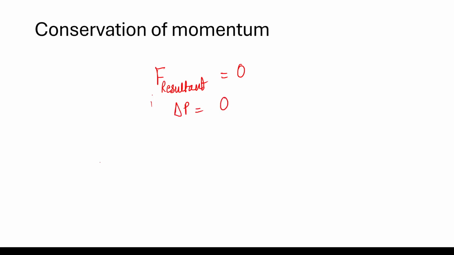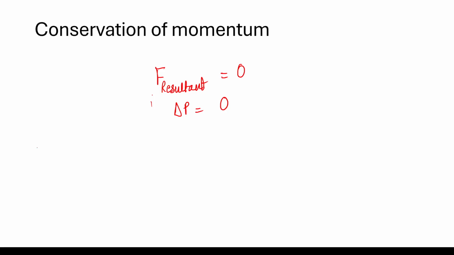Now, the kind of questions that you get in A-level physics are based on collisions, some sort of collisions. In a collision, we assume that the resultant force is zero, because the time of collision is so small that in that duration we can assume the resultant force is zero. So the resultant force is zero, so the momentum is conserved.